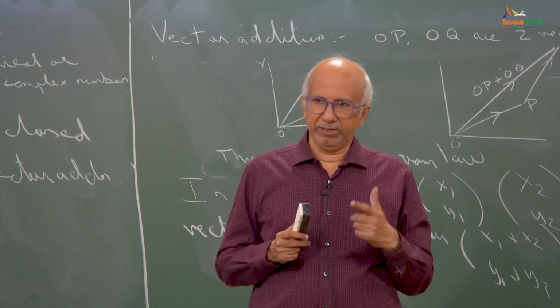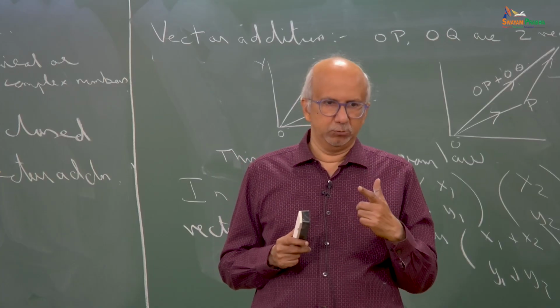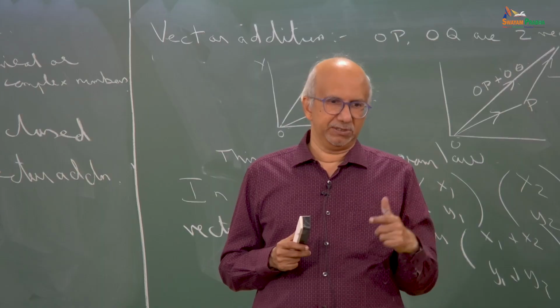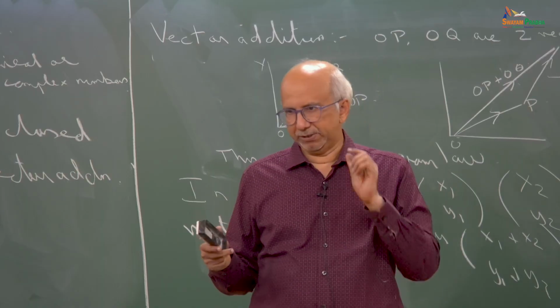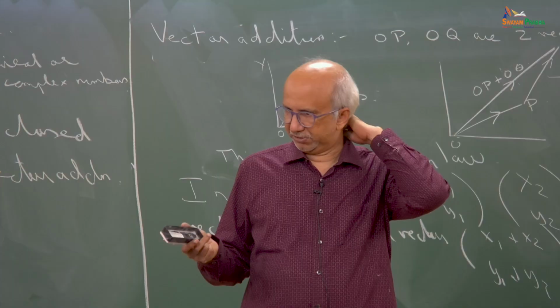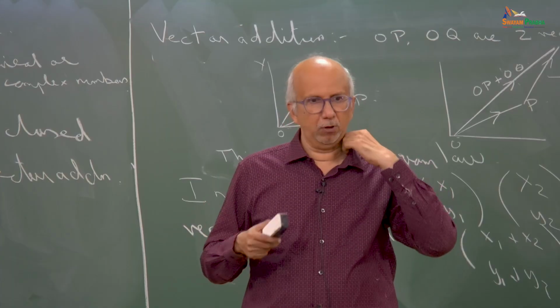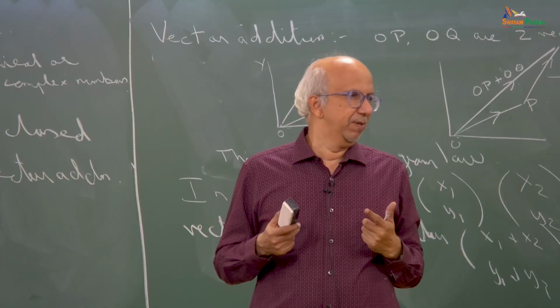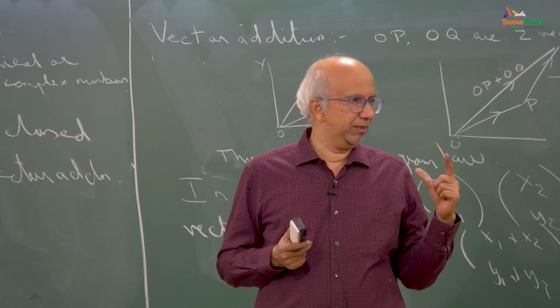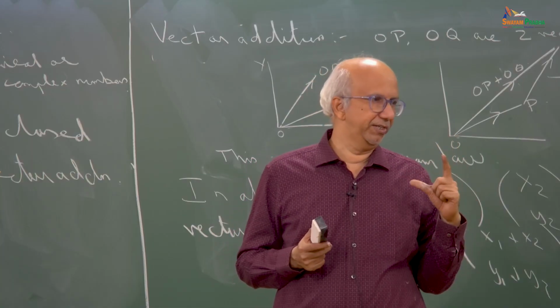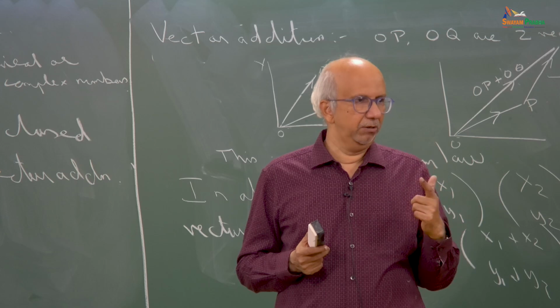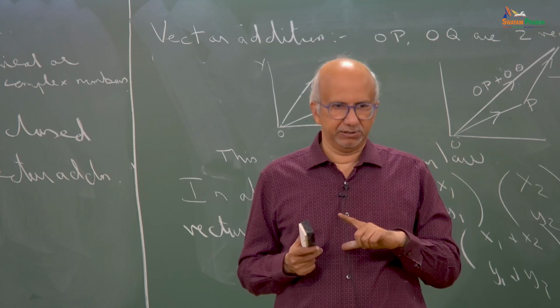If I take a vector with two coordinates and multiply by a scalar, I get another vector which again has only two coordinates. So the space is vectors which have only two coordinates, or you can have vectors with three coordinates or four coordinates.